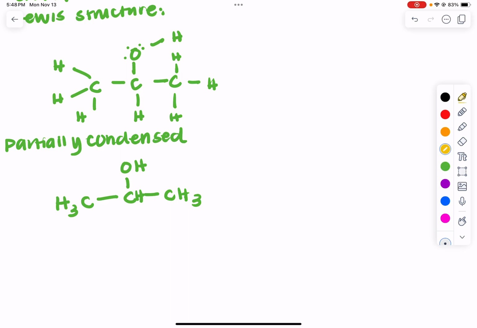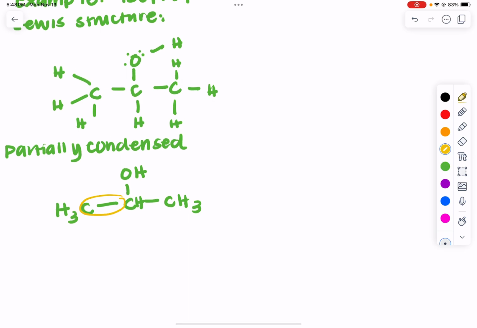Notice here how I try to connect at least one of them as the carbon-carbon bond. This technically is incorrect because the hydrogen's not really attached to the carbon, the carbon's attached to the carbons. So we'll talk about this when we get back from Thanksgiving.